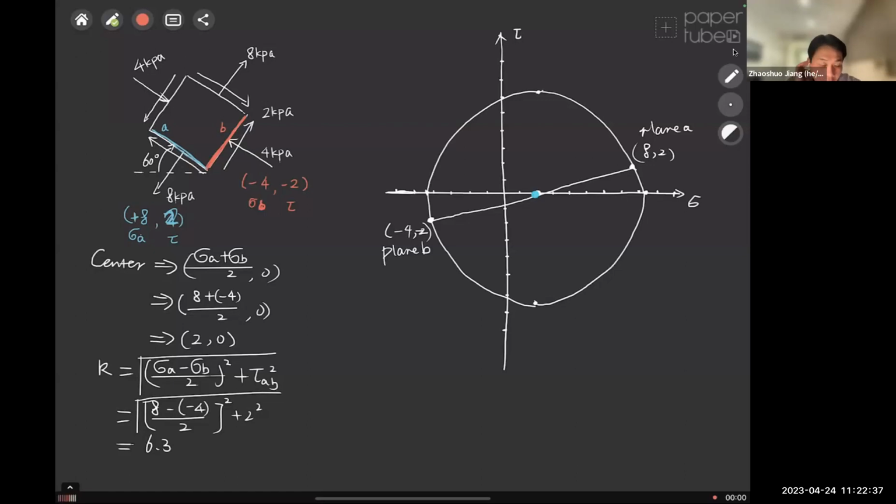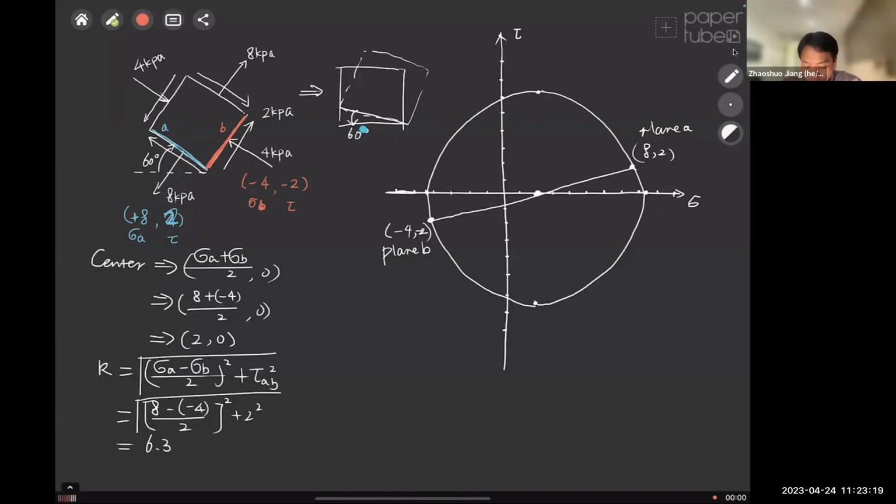Okay, now the question becomes, we need to find out the circle that is at its original position, right? We need to find out something like this. So getting from what we have right now back to the horizontal ones, what we need to do is, starting from plane A, if we rotate counterclockwise 60 degrees, that is going to be our horizontal plane, right?